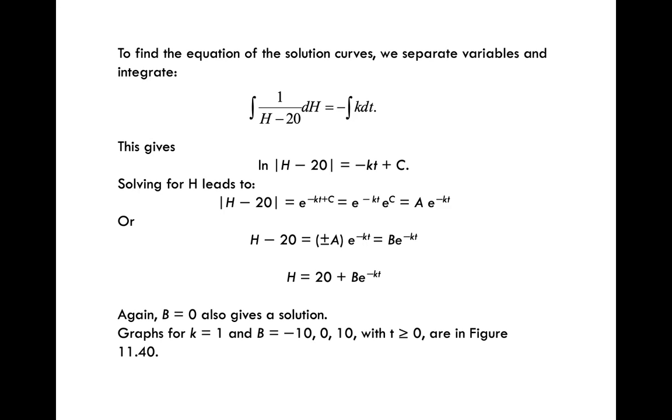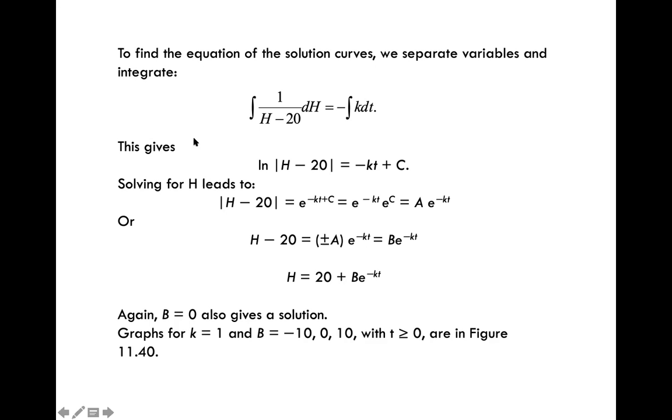E to the c is again just a constant. In this example, we chose to call it a. You could call it c1 again if you want to. And we would end up having that h minus 20 is plus or minus a e to the negative kt, which is b times e to the negative kt.